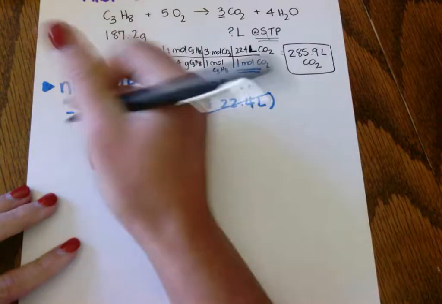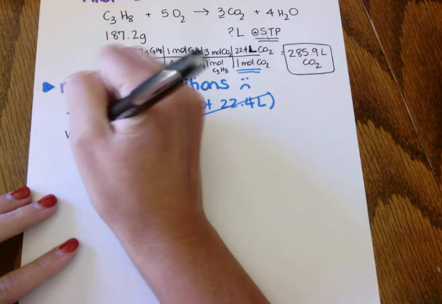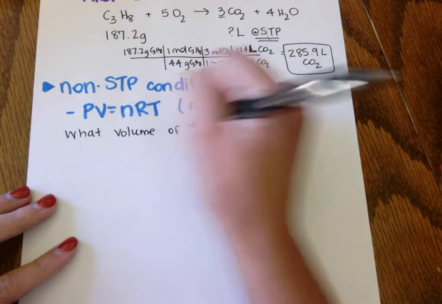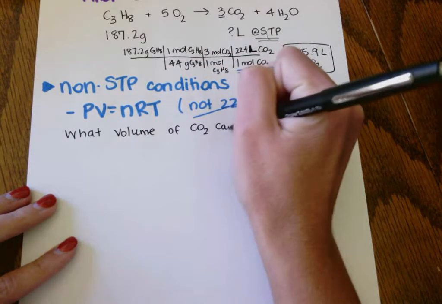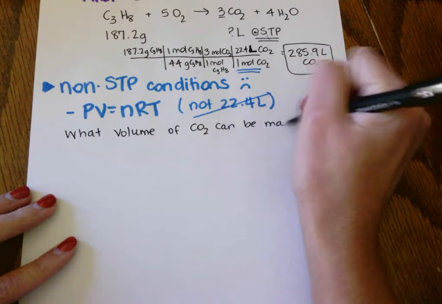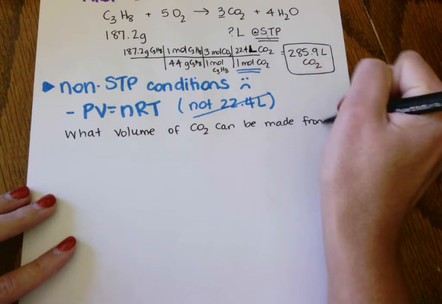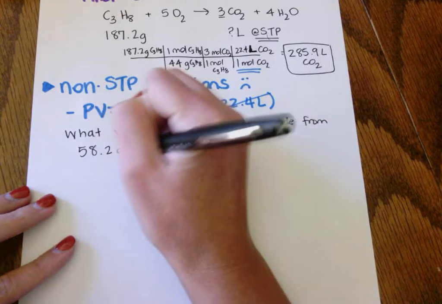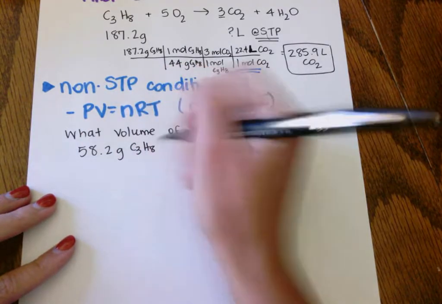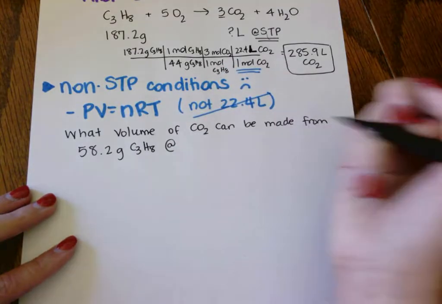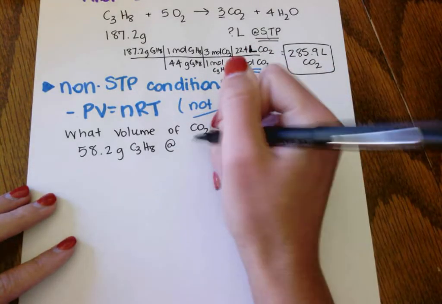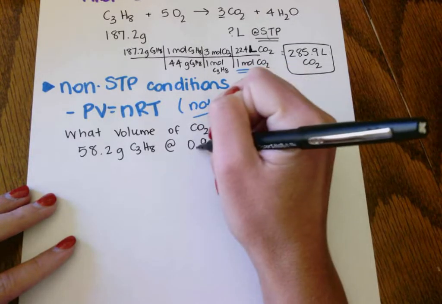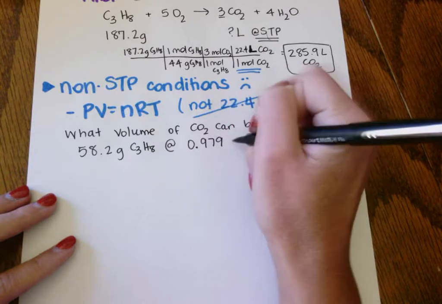So let's say what volume of carbon dioxide can be made from, let's start with 58.2 grams of propane at, right, we live in the mountains, we're a little less than 1 atmosphere, let's go 0.979 atmospheres.